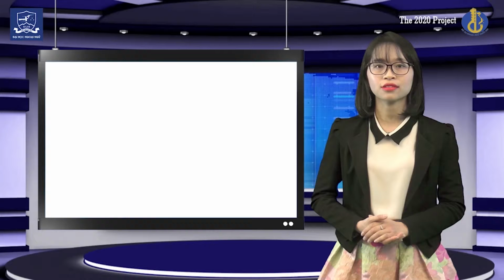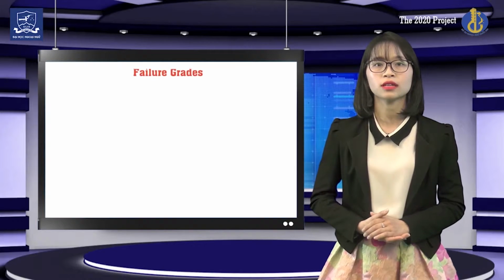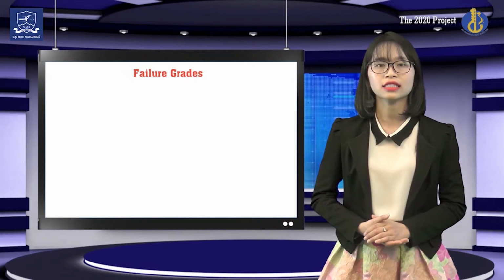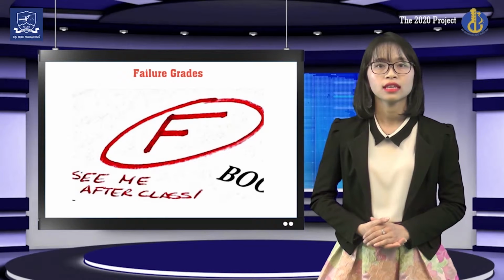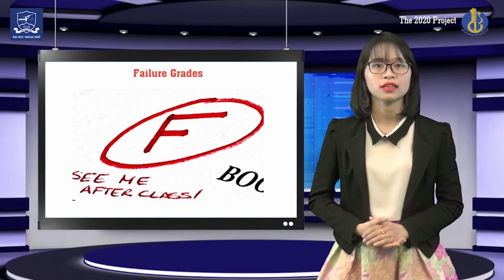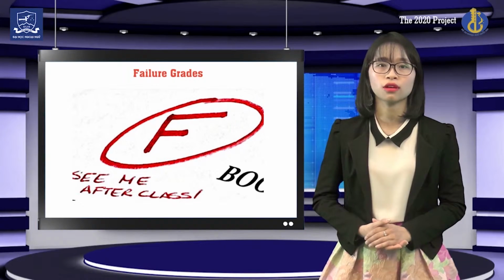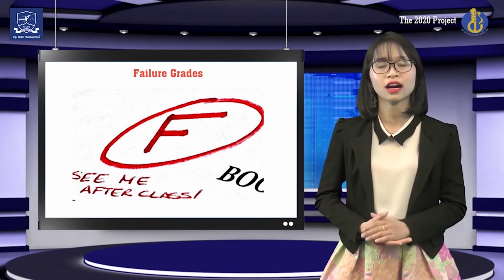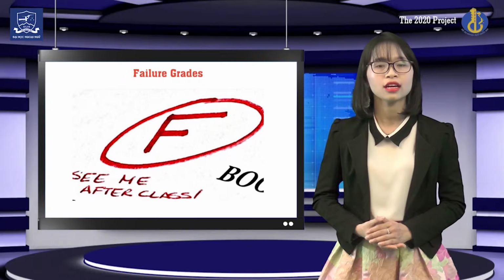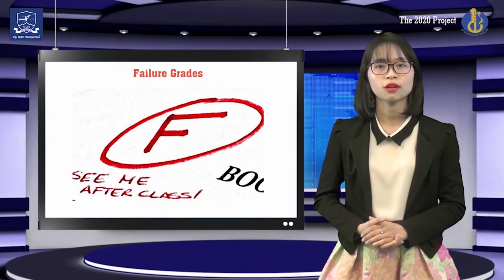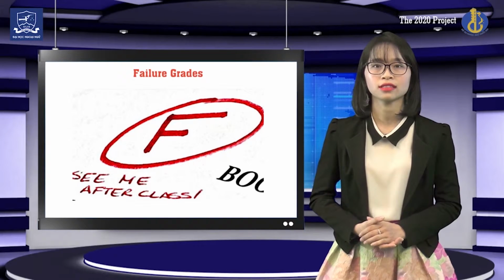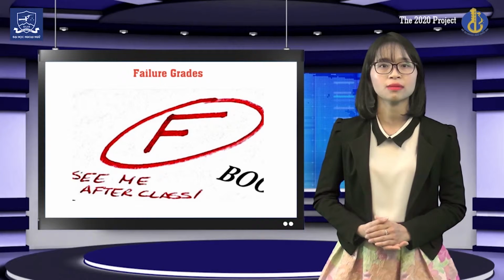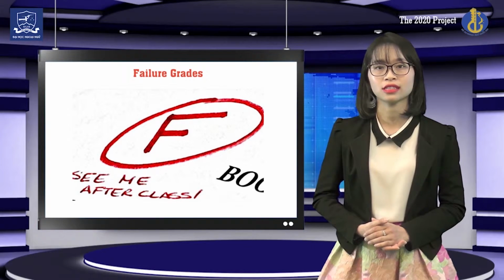Besides grade boundaries, the failure grade is another factor that needs considering. It has been pointed out that the grade F carries a lot of emotion with it, because there are usually negative consequences for students who receive it. So what should an F mean? Failure grades depend on particular situations.